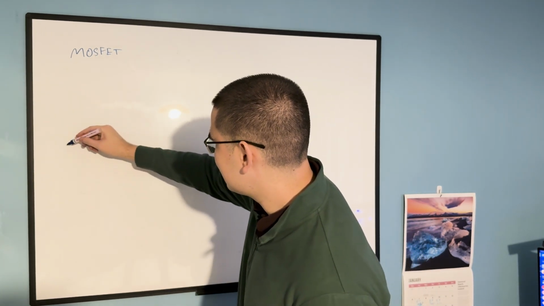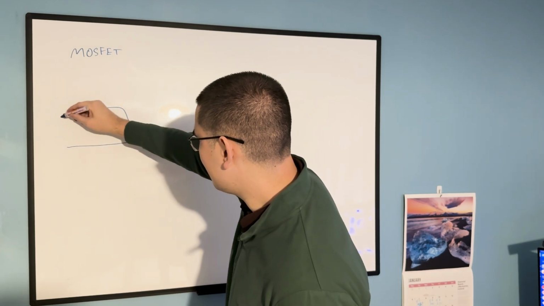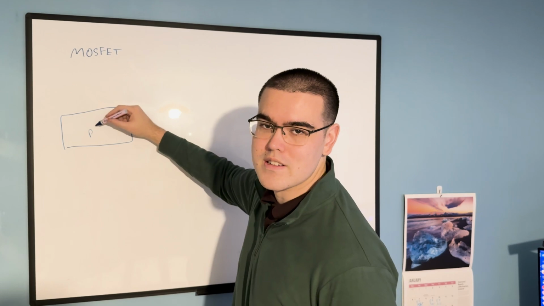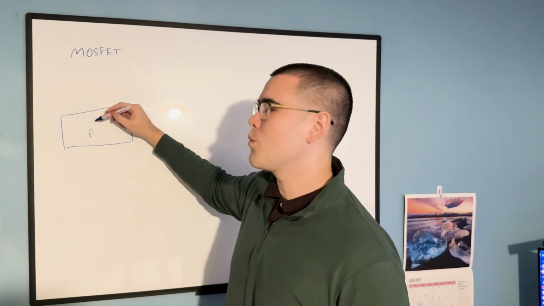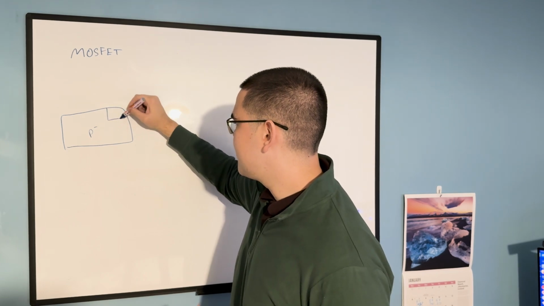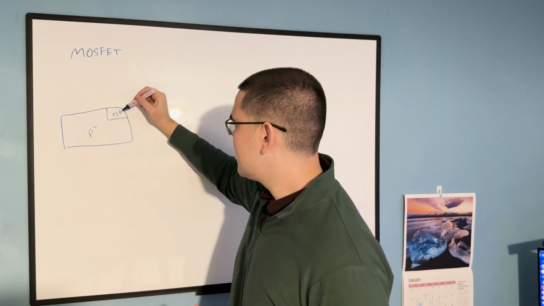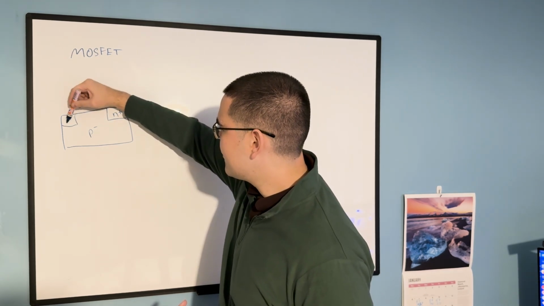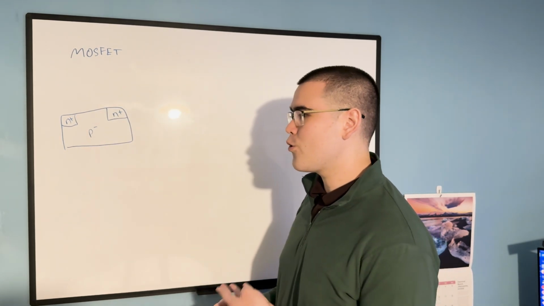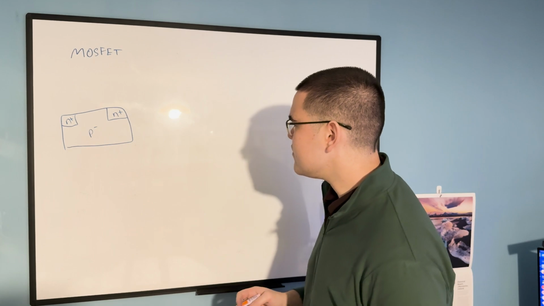So let's draw it. We always start with the substrate, so for an N-channel MOSFET, we need a lightly doped P-type semiconductor. And for these contacts here, we want heavily doped N-type for the N-channel.